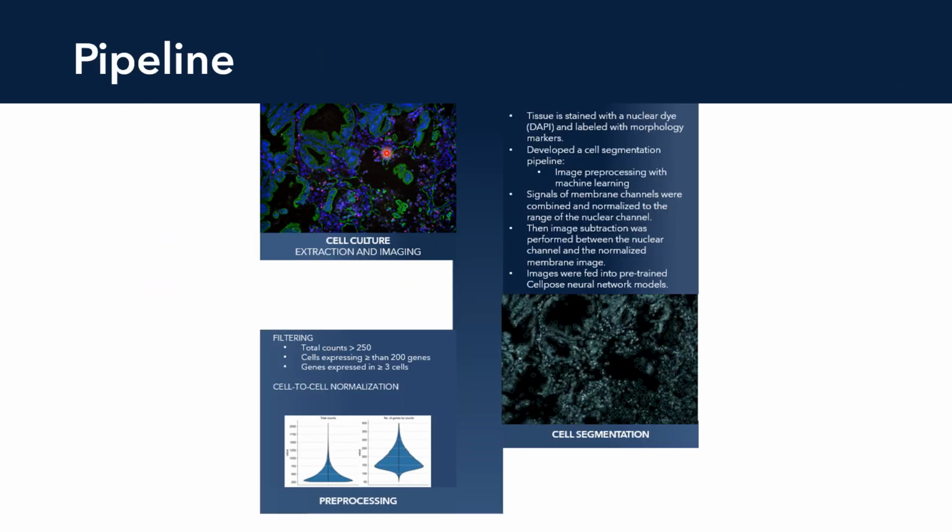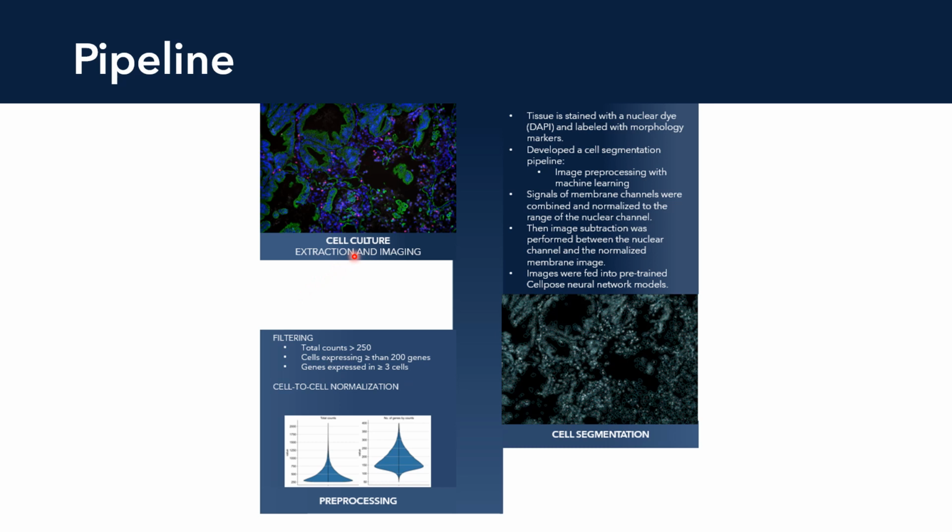I'm going to go quickly through the pipeline, but the first thing that I need to mention is that we're using a NanoString data set, a high-resolution spatial transcriptomics data set from non-small cell lung cancer. Right now, this is the highest resolution that we have in the market.